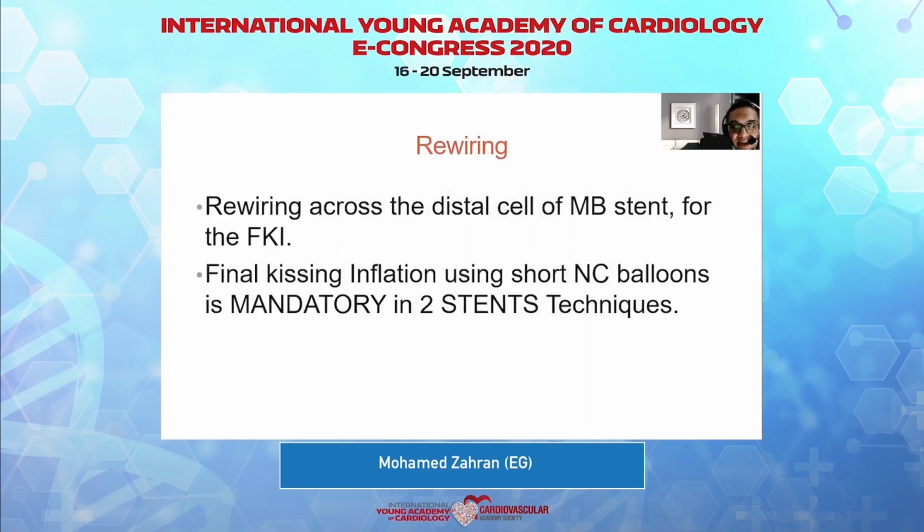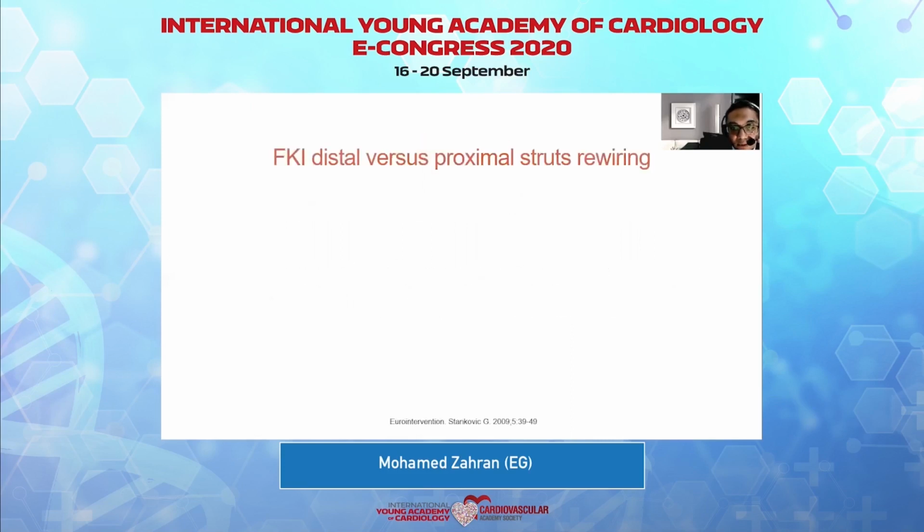So after that, if you're gonna perform a 2-stent strategy, you need to rewire from the mother vessel to the side branch. And here you need to rewire across the distal cell of the mother vessel stent for the final kissing inflation. And after that, you will perform the final kissing inflation using short non-compliant balloons.